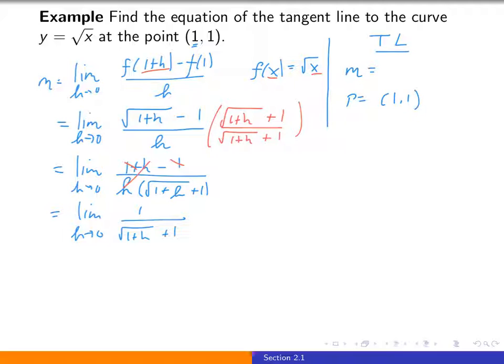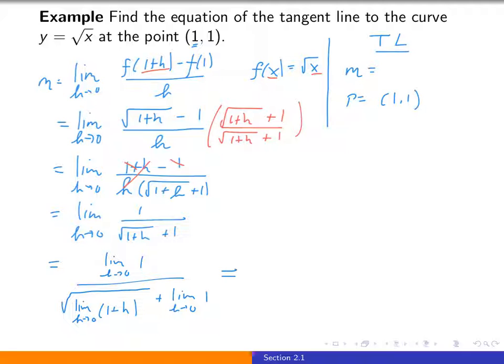But what we can note is we've evaluated several examples of this form, and we've seen how we can apply our limit laws. We're going to take the limit of the top, divided by the limit of the bottom. And when we take the limit of the bottom, we're going to break it up in terms of the limit of the first term plus the limit of the second term. And in that first term, we're going to take the limit and push it inside the square root. So that would be the limit as h approaches 0 of 1 plus h.